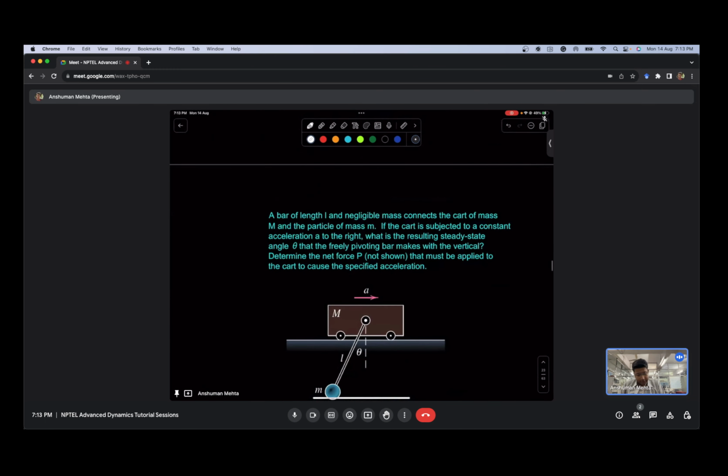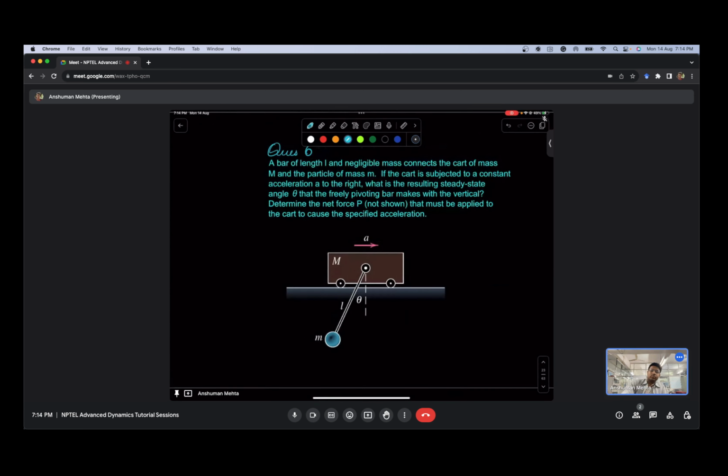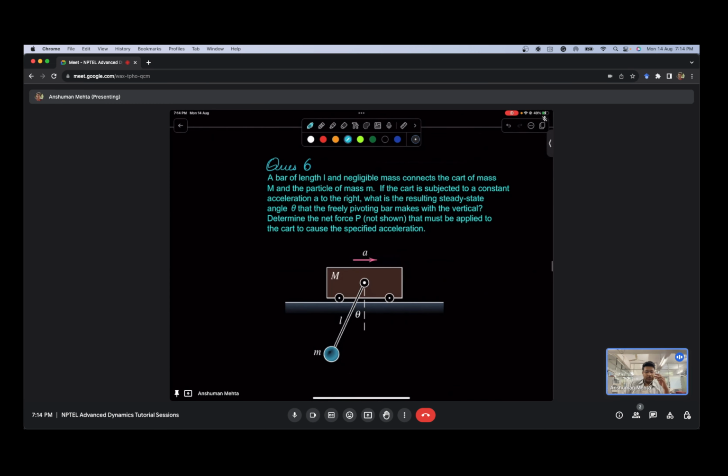Now moving on to question number 6. It says that a bar of length L and negligible mass connects the cart of mass capital M and the particle of mass small m.